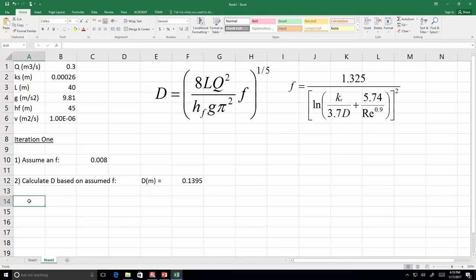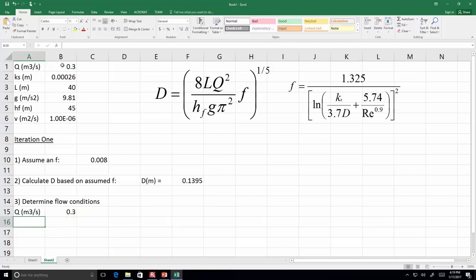So now with that value of F, let's determine the flow conditions. The Q value is in cubic meters per second, and that's already known from the problem statement, the same value as before.